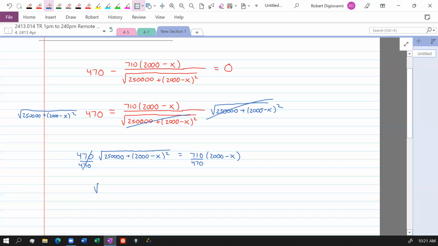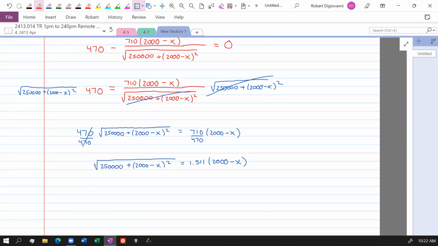I'll have the square root of this stuff here, equals, let's see, this is about 1.511. I rounded to 3 decimal places, and then times 2000 minus X. Okay, now let's square both sides. So if I square the left side, the square root's going to go away. And when I square the right side, I've got to be real careful.